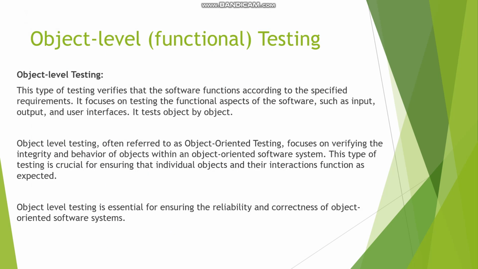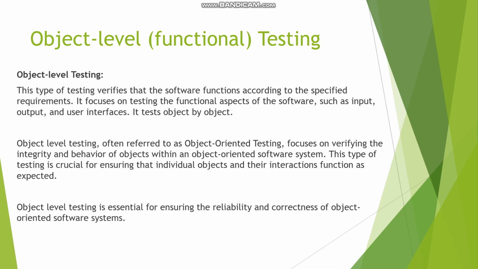Coming to high level testing, object level functional testing. This type of testing verifies that the software functions according to the specific requirements. It focuses on testing the functional aspects of the software, such as input, output, and user interfaces. It tests object by object.